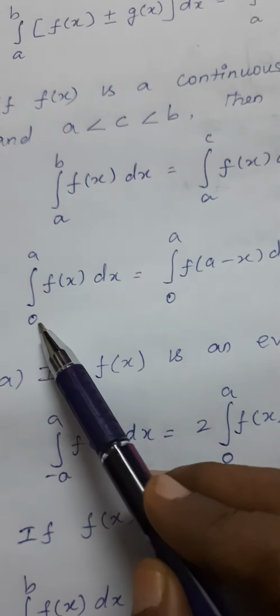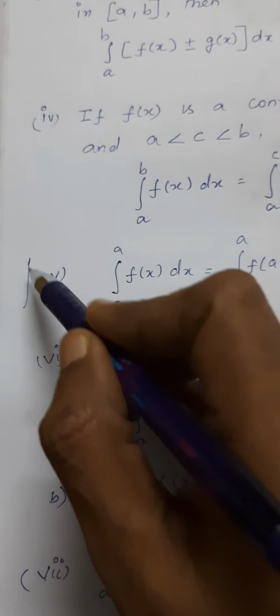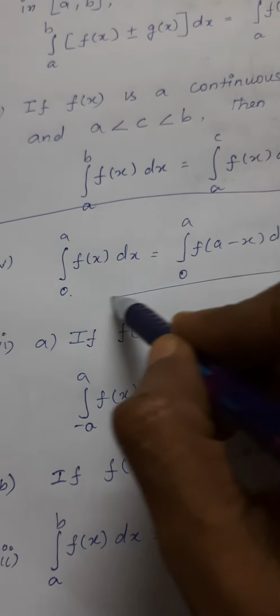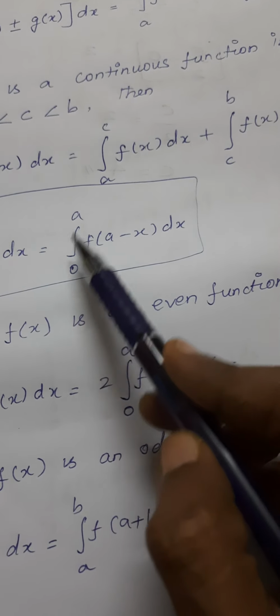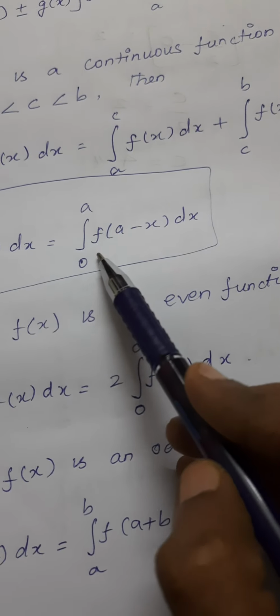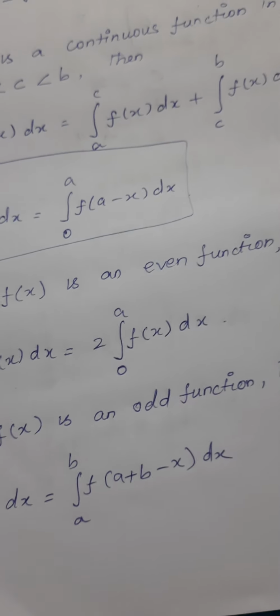Here we are going to make use of this property: integral 0 to a f of x dx is equal to integral 0 to a f of a minus x dx. That's it, that we are going to make use of.